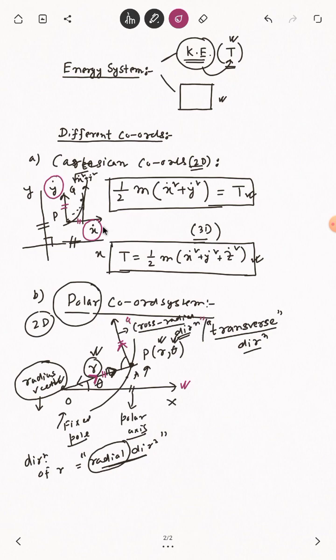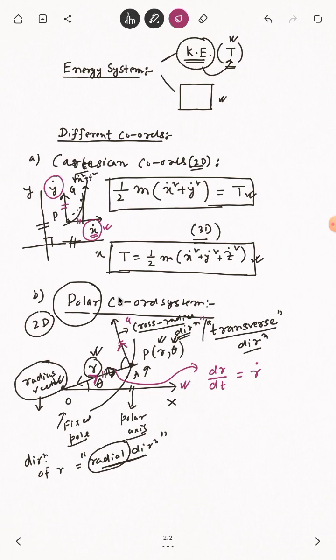As in the Cartesian system, the velocity along the x-axis is x dot. Very similar treatment has been done on the radial direction, and the velocity in that direction is denoted by dr by dt. Someone calls it r dot.